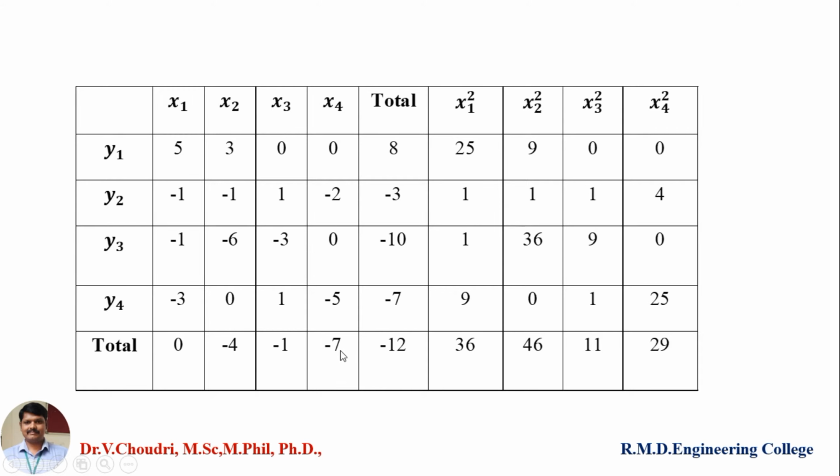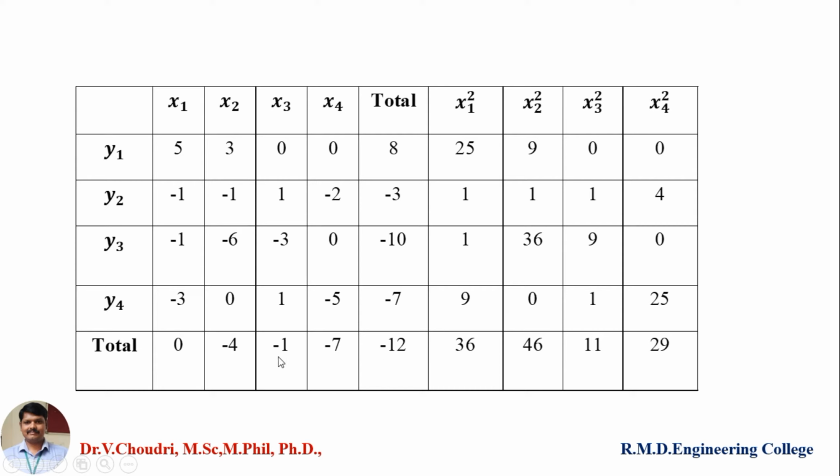Now, the square values: 5 square value 25, 3 square value 9, 0 square 0, minus 1 square value 1, 1 square value 1, minus 2 square value 4. Like that, minus 1, 1, minus 6 square 36, minus 3 square 9, 0 square 0, and minus 3 square 9, 0 square 0, 1 square 1, minus 5 square value 25.